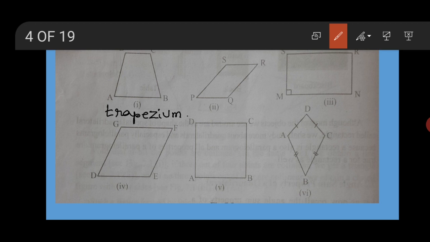Can you tell me the property of a trapezium? Yes, one pair of opposite sides are parallel. These two sides are parallel, AB parallel to CD. Now, in the second figure, PQRS is, yes, correct, it is a parallelogram.